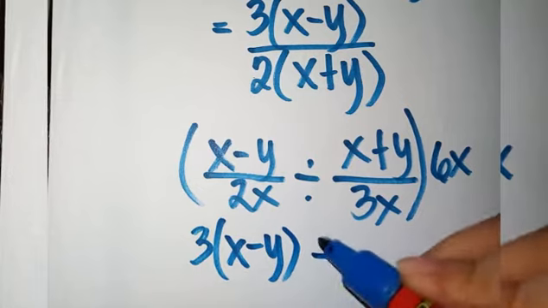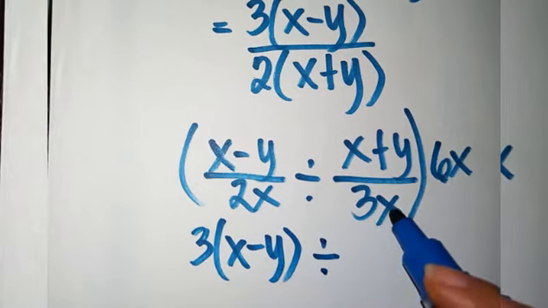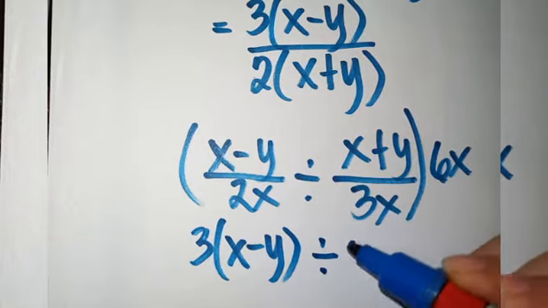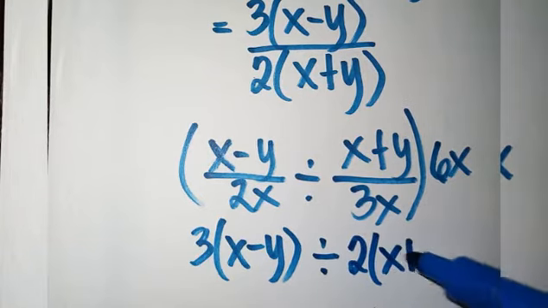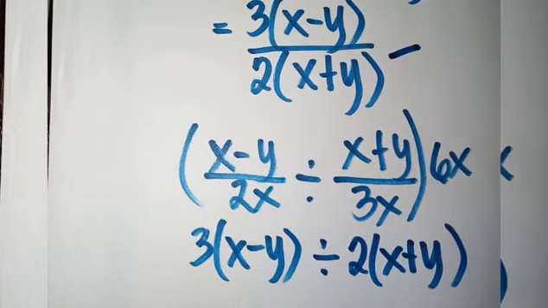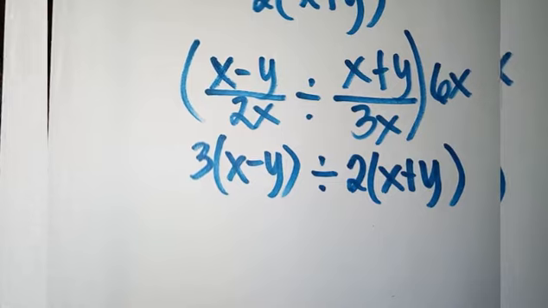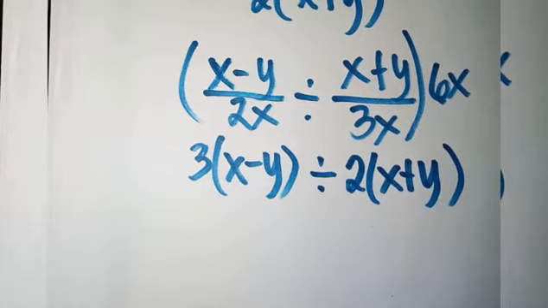Then, divided by 6x divided by 3x will give us 2. So, we have 2 times x plus y. Or, pwede rin natin isulat as a fraction na magiging ganito siya. So, parehas lang yung ating nakuhang sagot. Nasa inyo na yon kung ano yung gagamitin nyo, yung first method ba or yung second method.